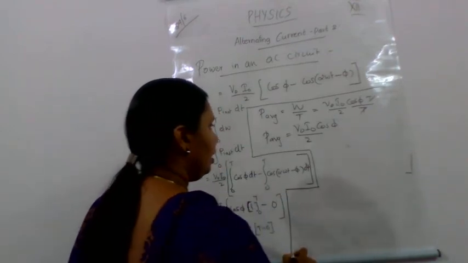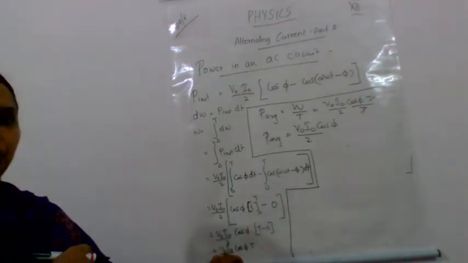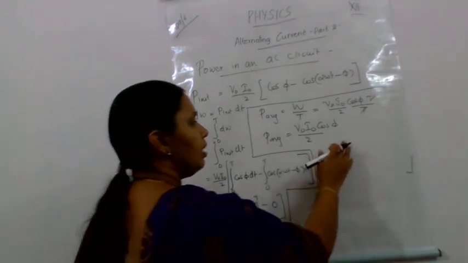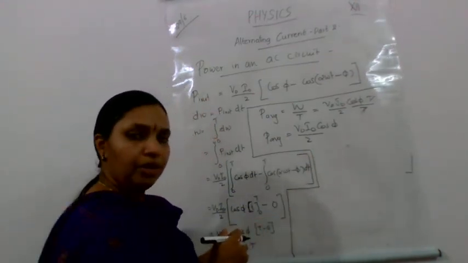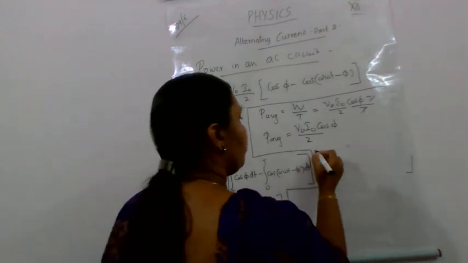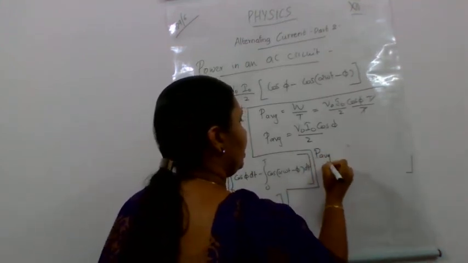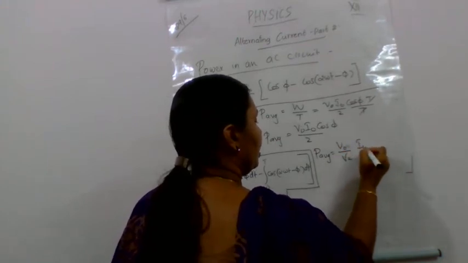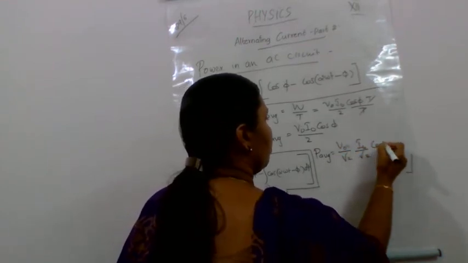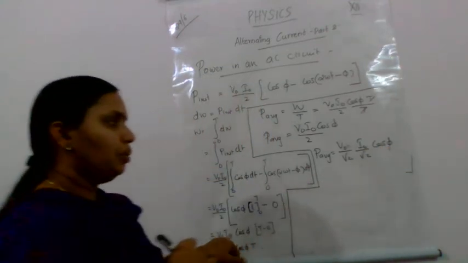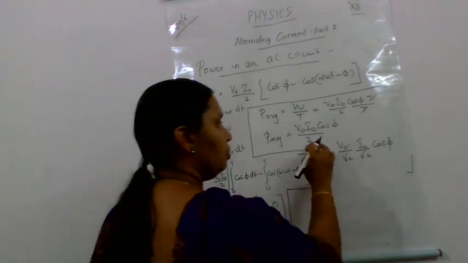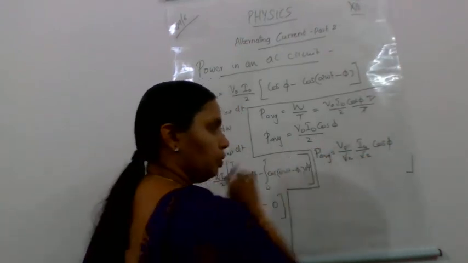Again, a modification in this equation. This is the equation for the average power, and we are writing it in terms of the RMS value. So P average is equal to V0 by root 2 times I0 by root 2 times cos phi, because we know root 2 into root 2 is 2.